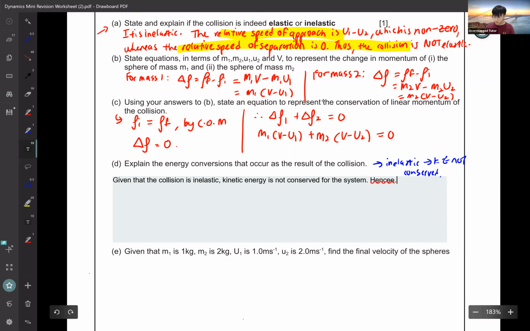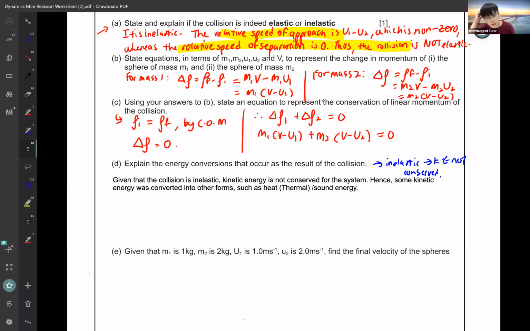Hence, some kinetic energy was converted into other forms such as heat and sound energy. In particular heat, the better way to write it is thermal, and then sound. That's it. Done. So that's pretty much the result of the collision.